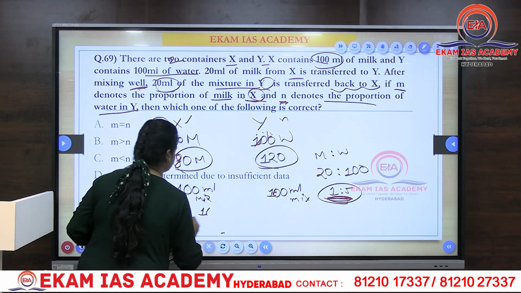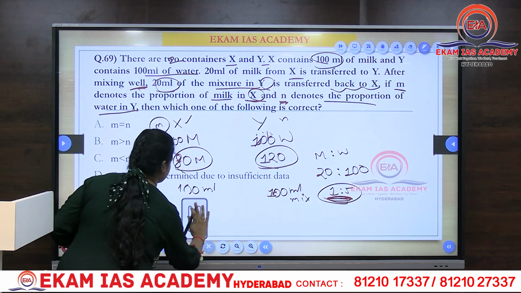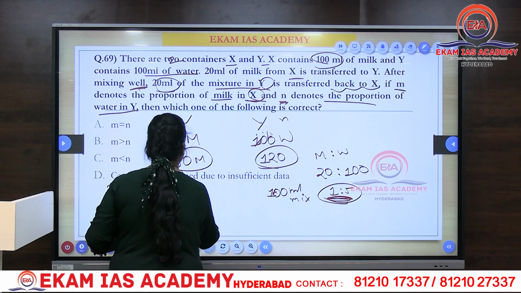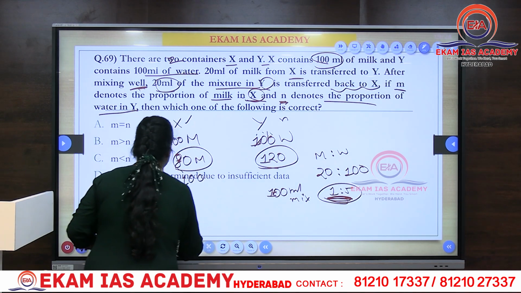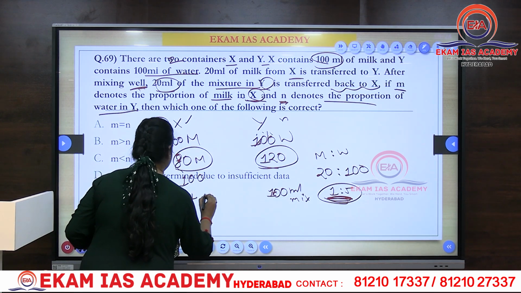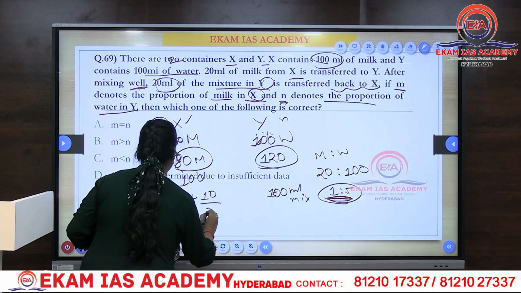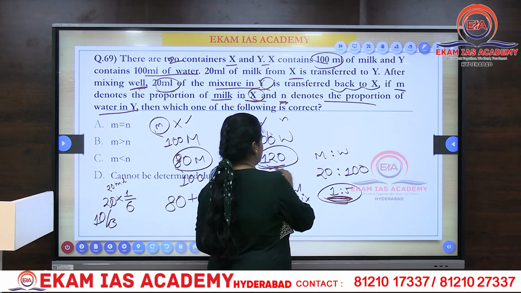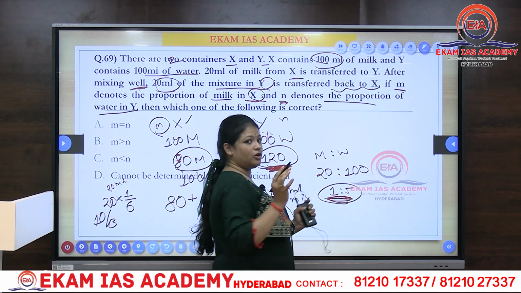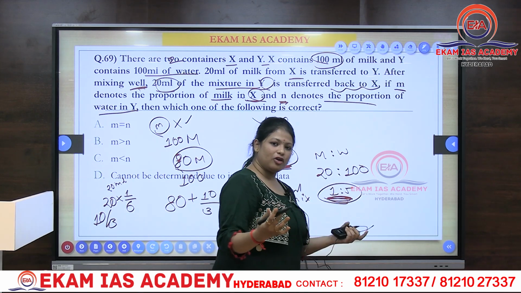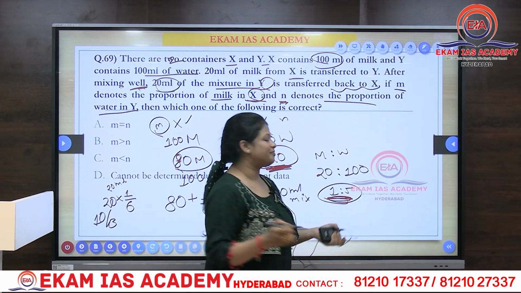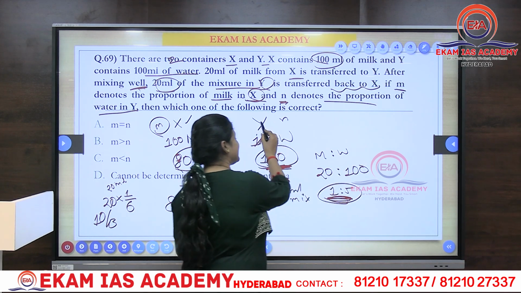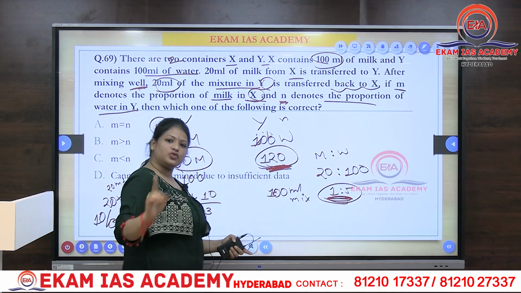So here for 120 ml of mixture or 100 ml of mixture, any quantity of mixture, the ratio of milk and water in the container Y would be 1:5 only.